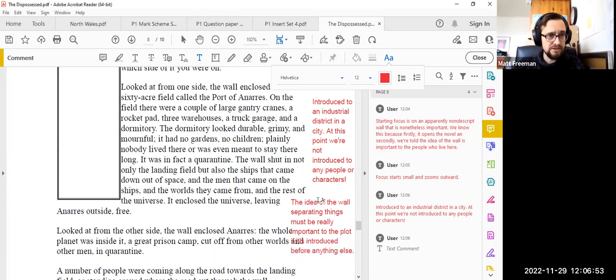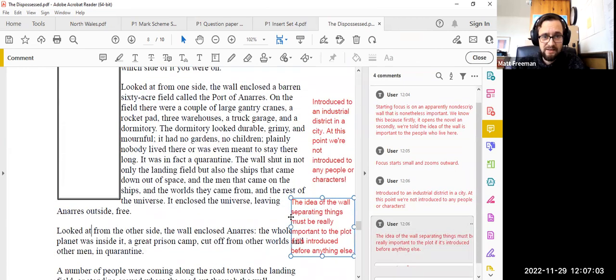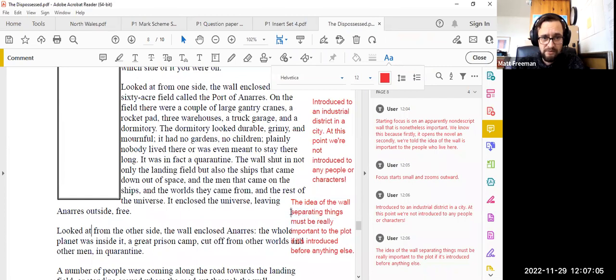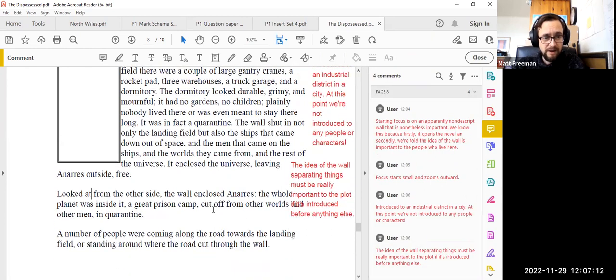This idea of division, this idea of a wall separating things must be crucial, because otherwise the author isn't going to spend the first page of their book describing a wall unless either the wall or the idea of the wall, which is what they're talking about here, is really important. There must be something of importance about this wall.